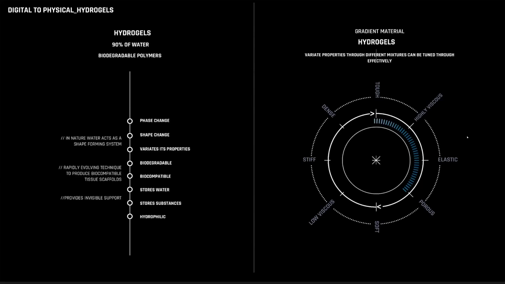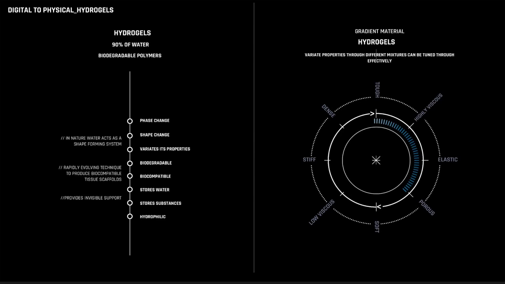So yeah, a little bit more about the materiality. We started looking into hydrogels. Hydrogels are biodegradable polymers, 90% water, and their basic properties are that they can influence shape, and they can vary their properties according to different mixtures.